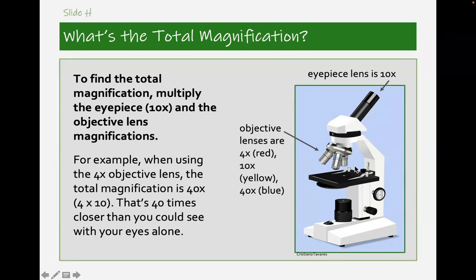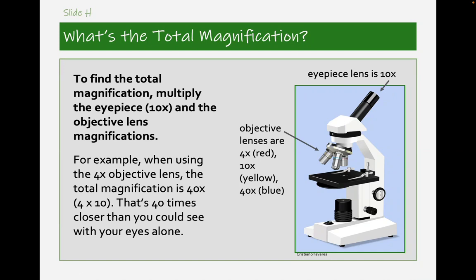One thing we did is we put some graph paper on the stage, this black part here, and we tried to find out how much of an area we look at when we look through a microscope. We found that with the red lens, the low power, we see about 5 millimeters across when we look through the eyepiece. When we move up to the yellow one, we're down to about 2 millimeters because we're zooming in more, so we're seeing less, but we're seeing it larger.